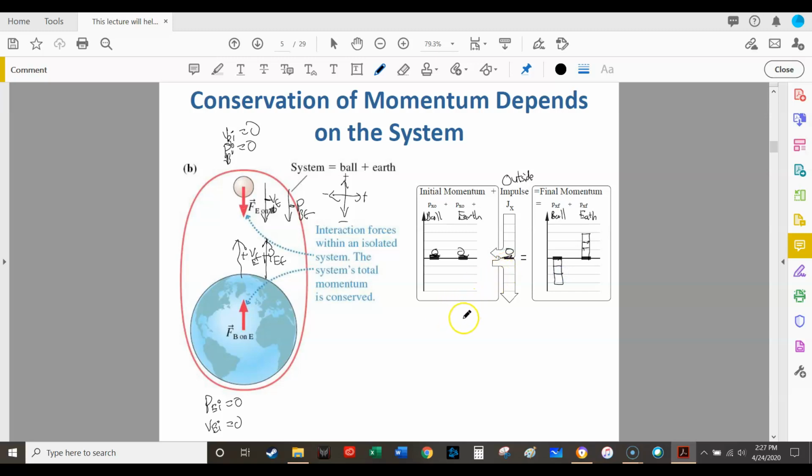Because again, the momentum in the beginning plus the impulse, that's just that impulse equation, has got to be equal to the final momentum, right? And so if there is 0 momentum in the beginning and there is 0 impulse, then the final momentum total, and I should do a total on this, has got to be equal to 0 as well.